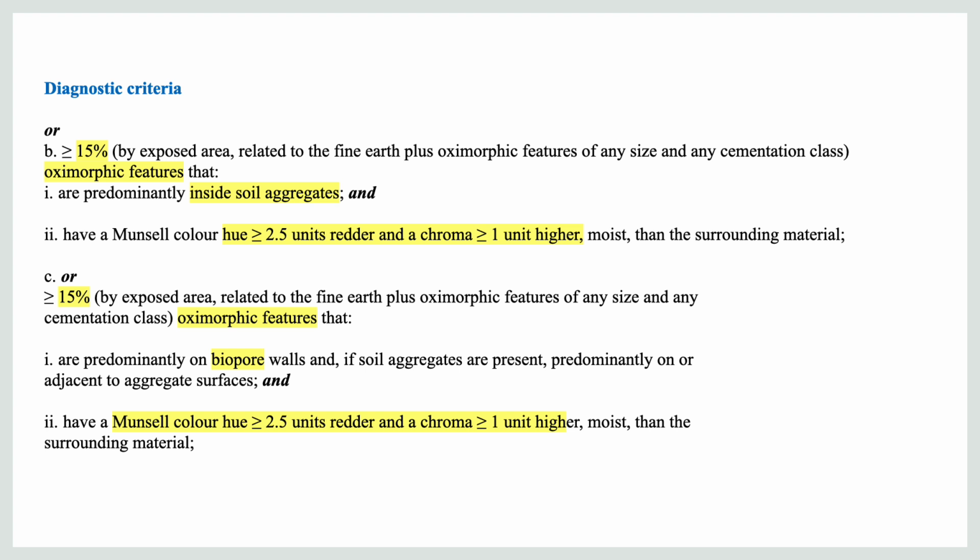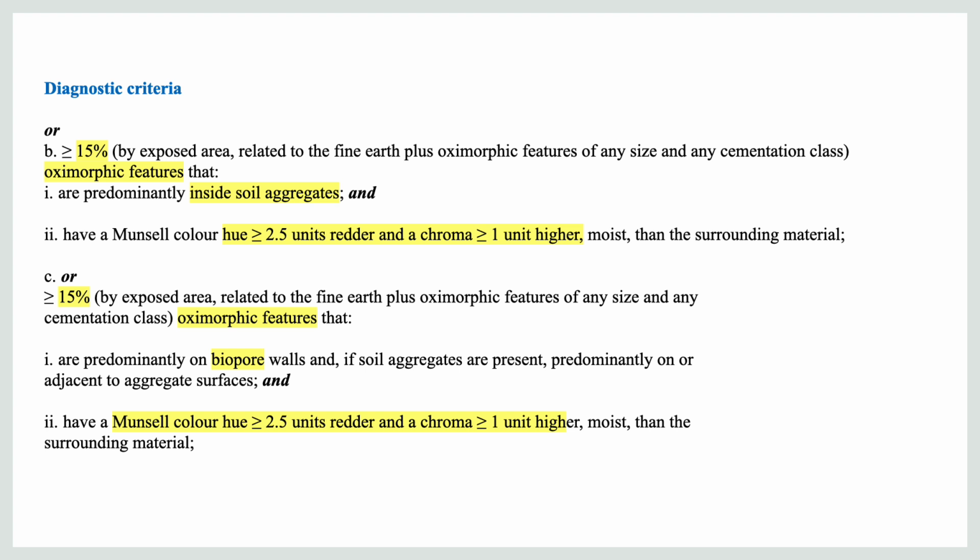And these oximorphic features should be inside the soil aggregates and present a higher hue and a higher chroma than the surrounding material, or I should identify, in at least 15% of the area, reduct oximorphic features in the biopores. So it's the opposite of the last picture that I showed you.